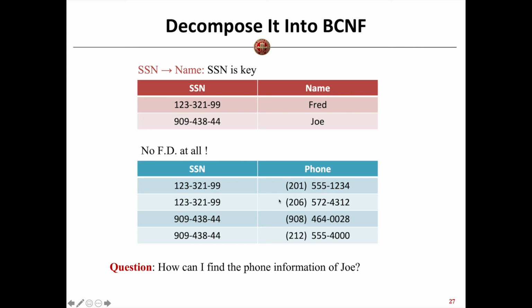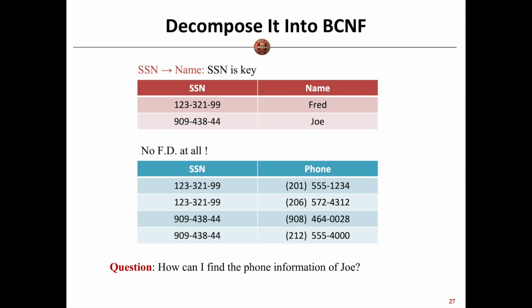Therefore, by dividing the original table into two subtables, we can create two new relations which are both in the BC normal form. Both the top one and the bottom one are in the BC normal form, right?